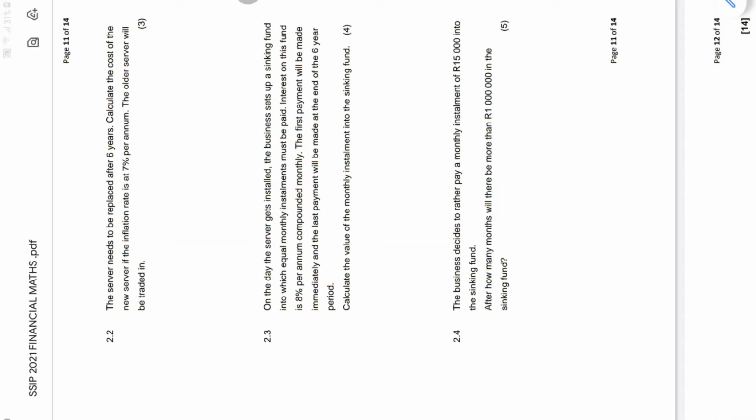First of all, let's calculate the price of the new server, and with inflation we use the compound interest formula. The old server was costing 500,000.